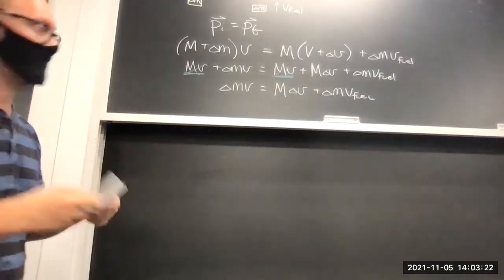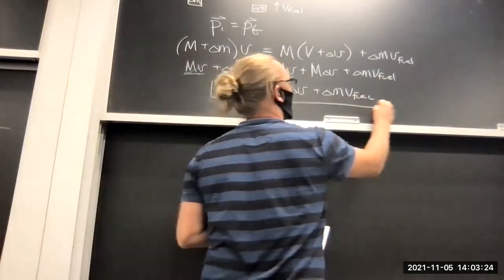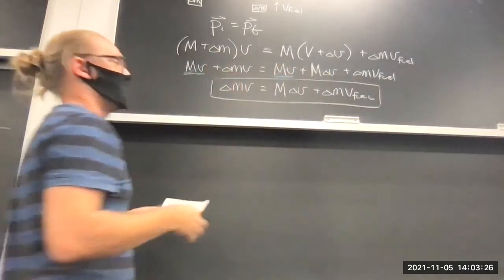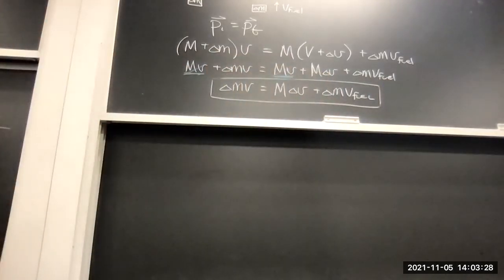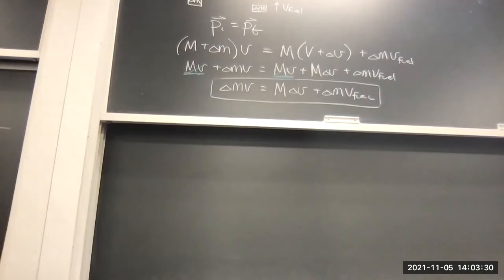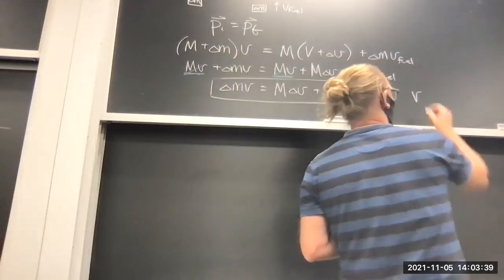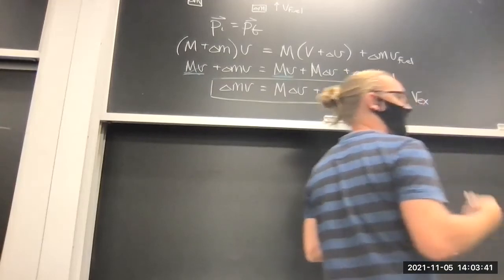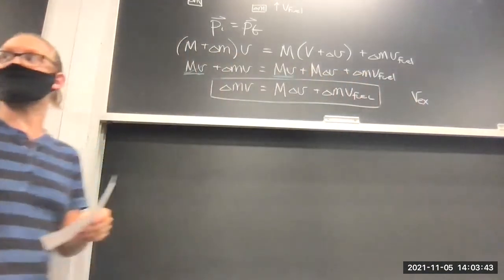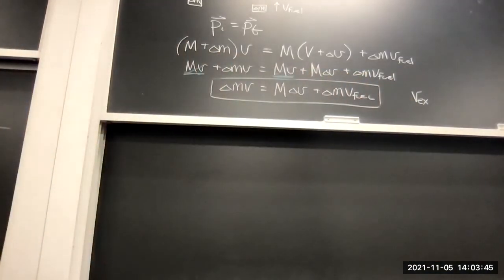All right. So at this point, we're going to invoke relative velocity that we talked about at the end of chapter 2 or 3. I don't remember which one it was. Specifically, we're going to introduce another velocity here, which we will call v ex, or the exhaust velocity, or the velocity of the fuel with respect to the rocket.